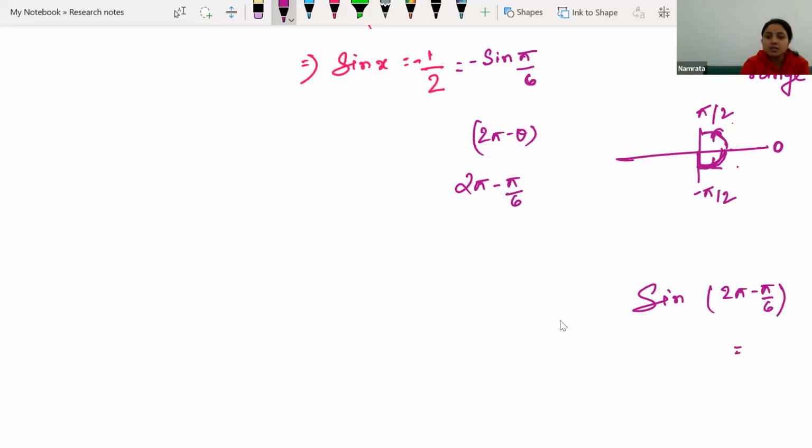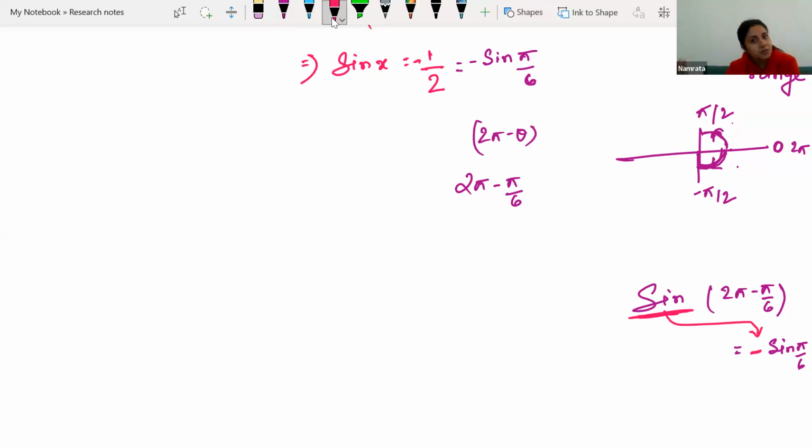What will be the result? 2 pi comes on the x-axis, and on the x-axis no transformation occurs. Sine will remain sine only. So the result will be sine pi by 6. Now the concern is whether it will be positive sine pi by 6 or negative sine pi by 6. 2 pi minus theta comes in the fourth quadrant, and in the fourth quadrant sine is negative. So this will give the result negative.